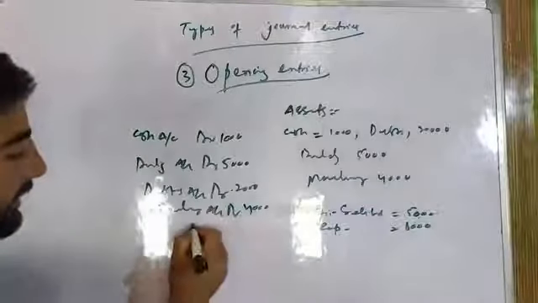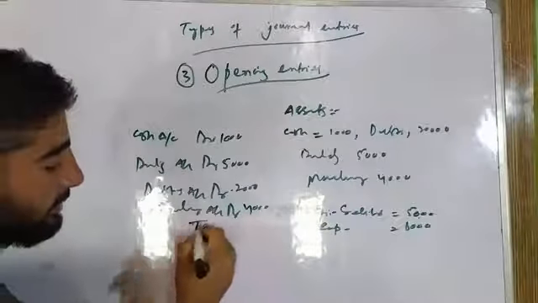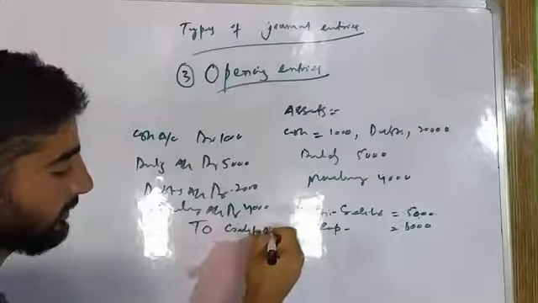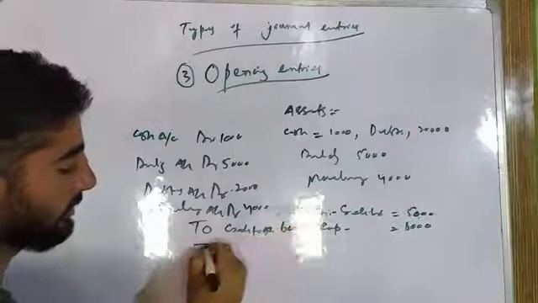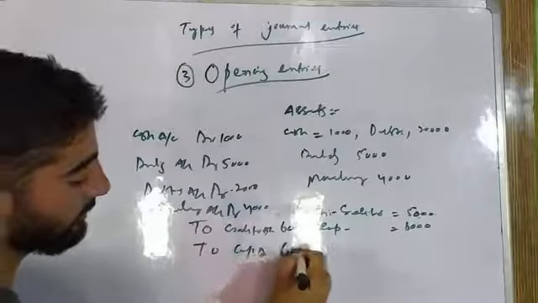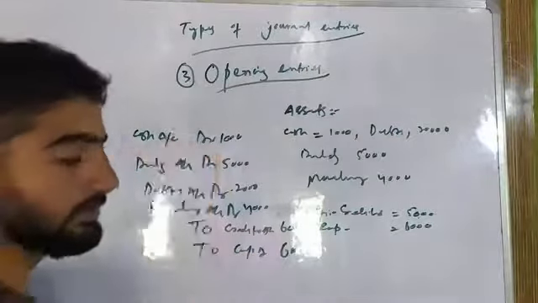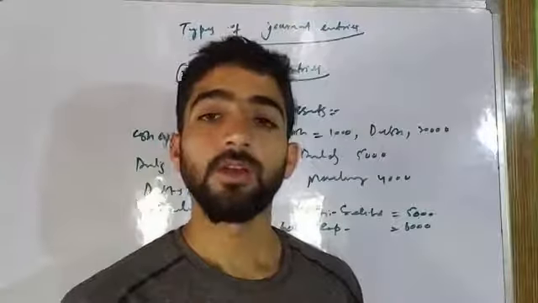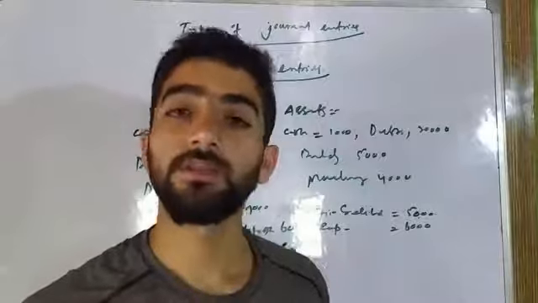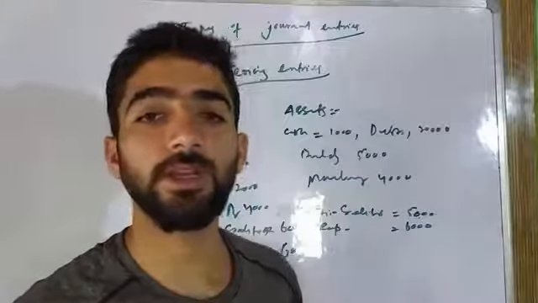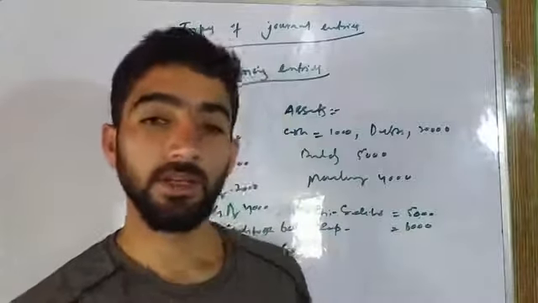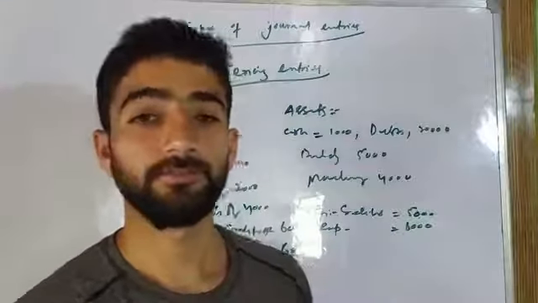And we give credit to capital and liabilities. To creditors account, 6,000 to capital account 6,000, 12,000 is equal to 12,000. We can also say that we portray the accounting equation in an opening entry.